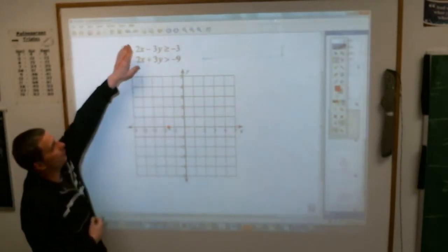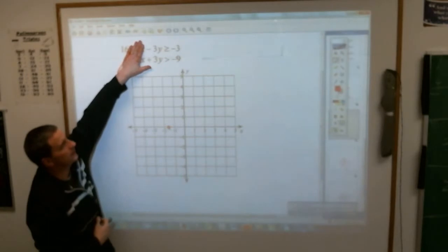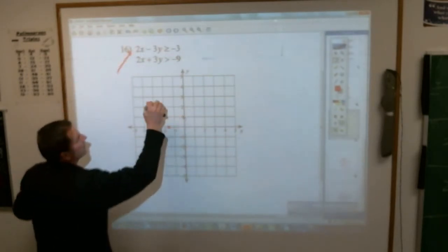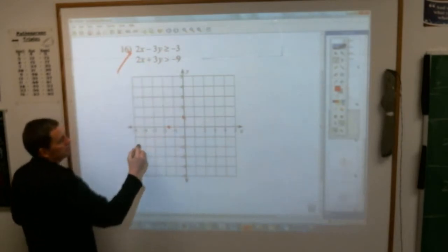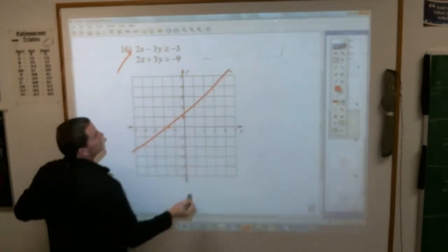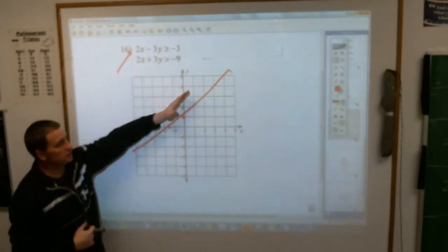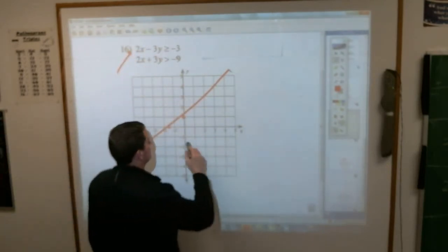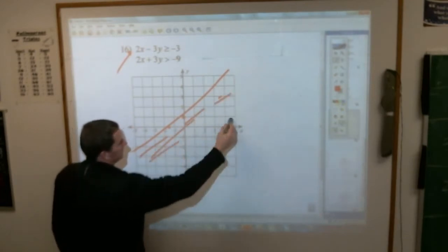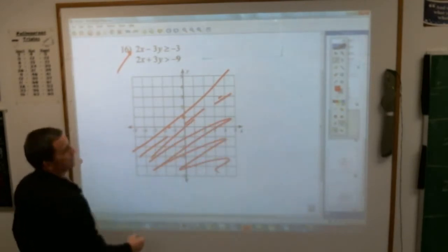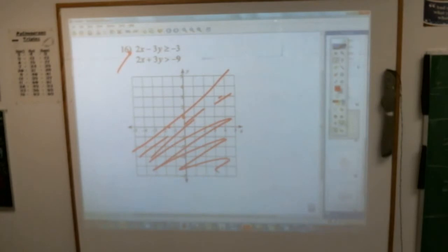I put 0 in for x, and y equals positive 1. It is equal to, so it's a solid line. And like I said, since y is negative, that sign is going to change and you're shading the lower half of it. So you're going to shade this side of the graph.